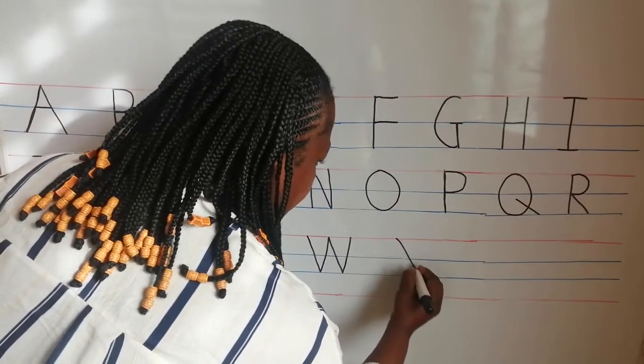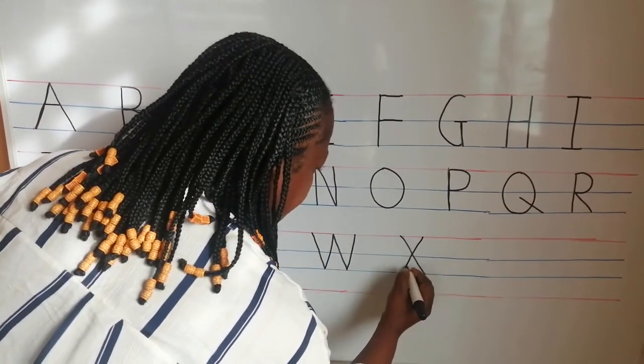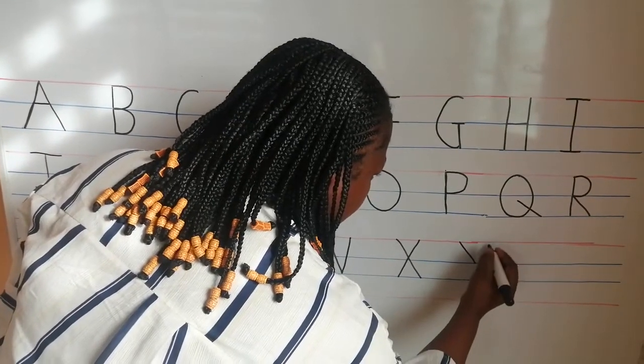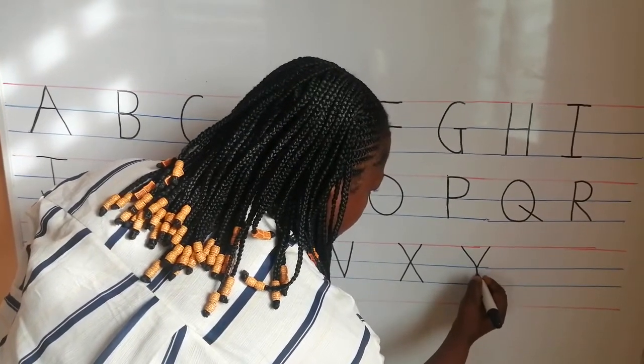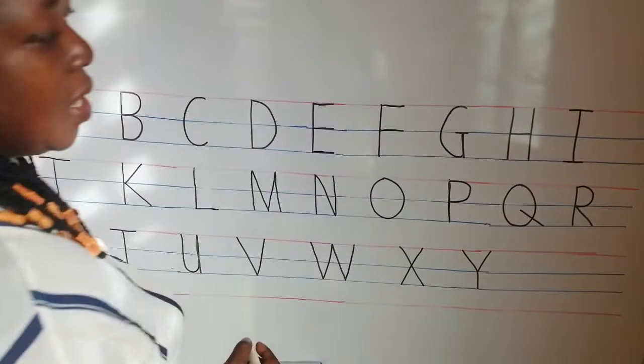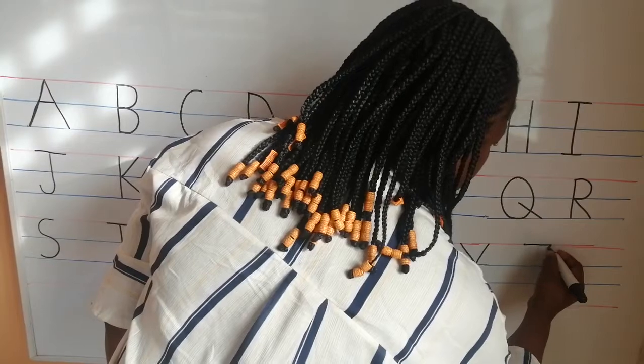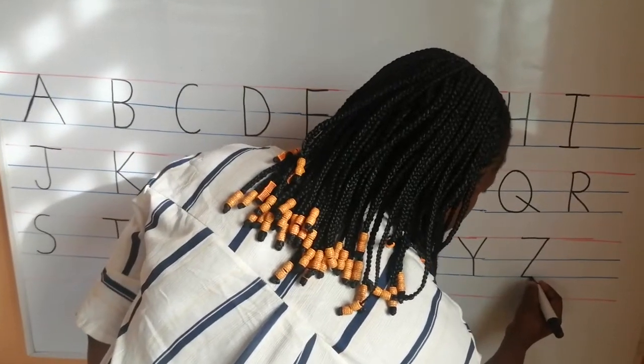X. Y. And then a Z. Sleeping line, slant line down, and a sleeping line.